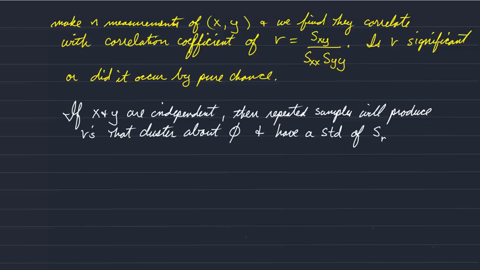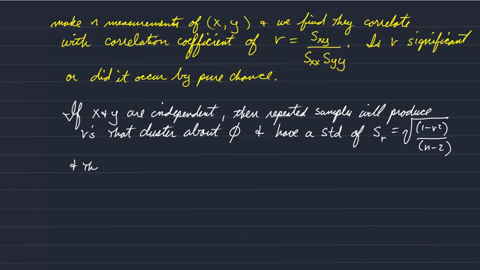The standard deviation of the measured values of r will be equal to the square root of 1 minus r squared over n minus 2. So this is the estimate of the standard deviation we would get by sampling the population multiple times, if in that population x and y are truly independent.